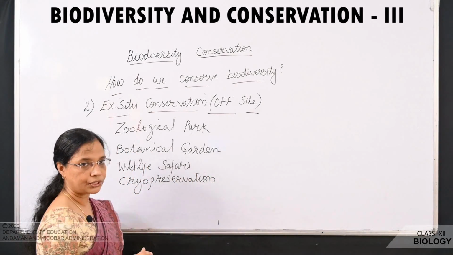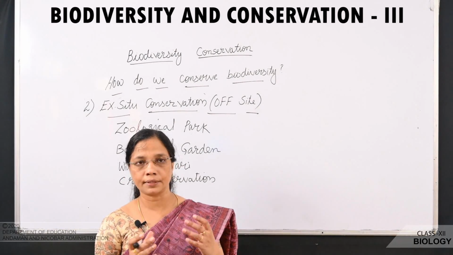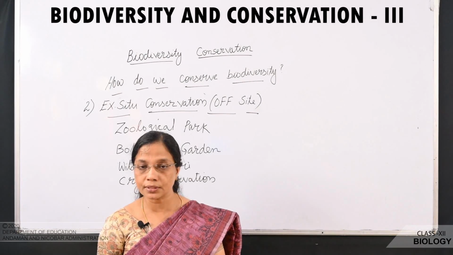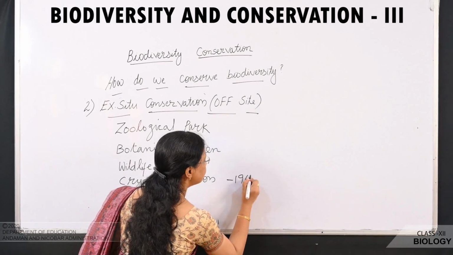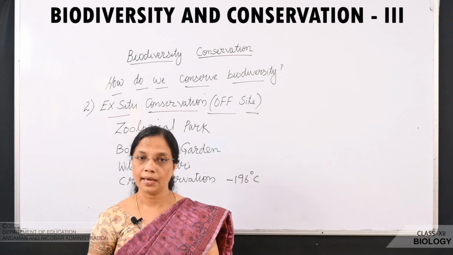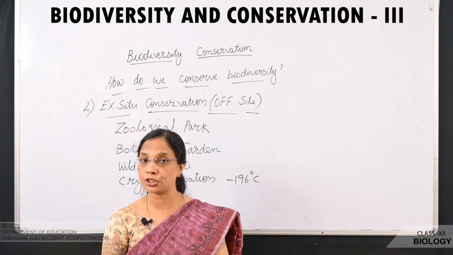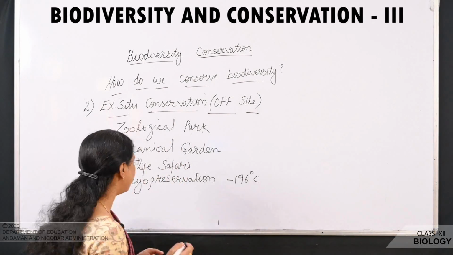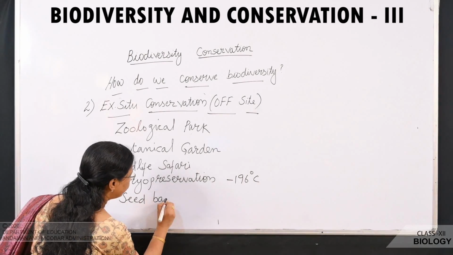In cryopreservation, gametes, pollen grains and tissues are preserved in liquid nitrogen at -196°C. And again, for certain threatened or endangered plant species, their seeds are collected in a seed bank. So the next one is the seed bank.